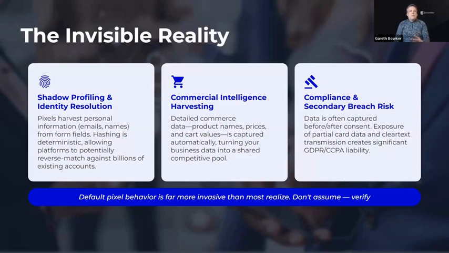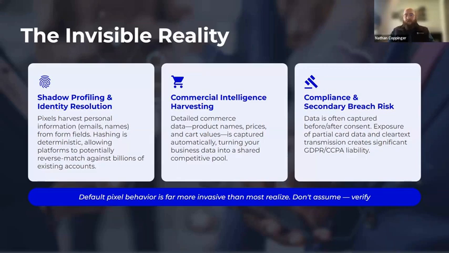We saw them collecting personal data like emails, phone numbers, and addresses. They were harvesting detailed product-level commerce data as well. We saw them collecting item prices, cart values, product names, and even the last four digits of payment cards. And in some cases, they're doing this before the user has even had a chance to make any kind of consent choice.